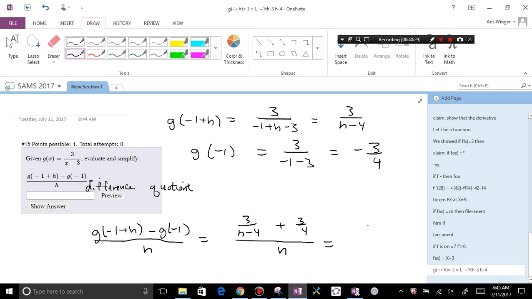Yeah. Okay. Then you multiply the 3 over h minus 4 by 4. So then common denominator, 4 times h minus 4, and we're talking about 12 plus 3h minus 12 all over h, right?